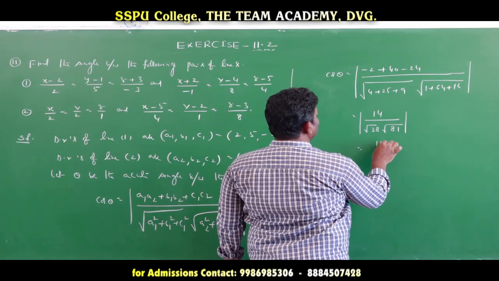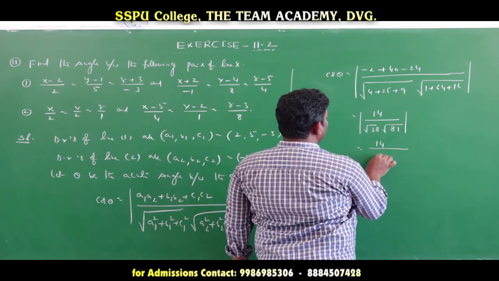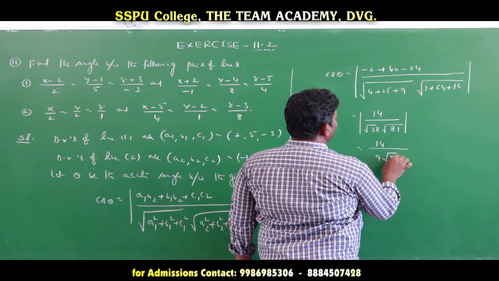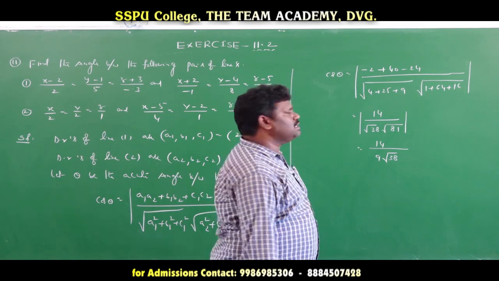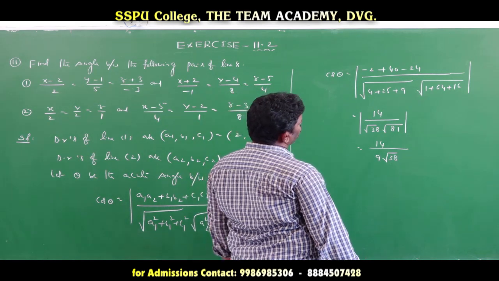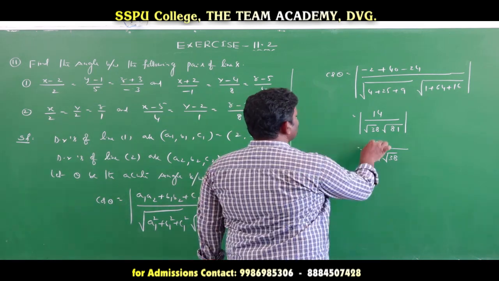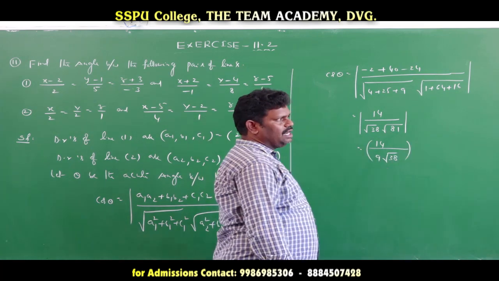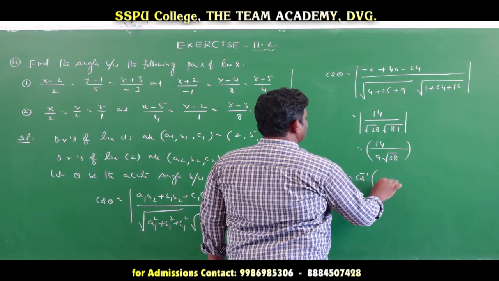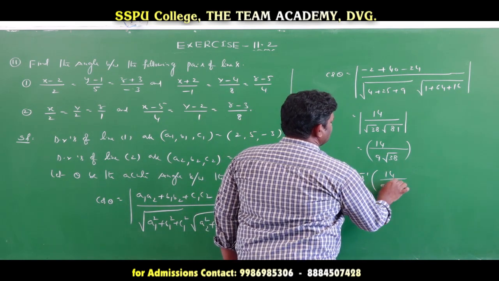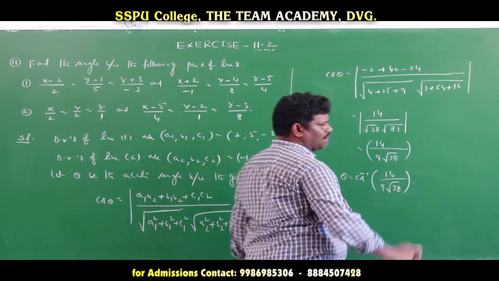So that is equal to 14 by 9 into root 38. Cancellation is not possible. So theta is equal to cos inverse of 14 by 9 into root 38.